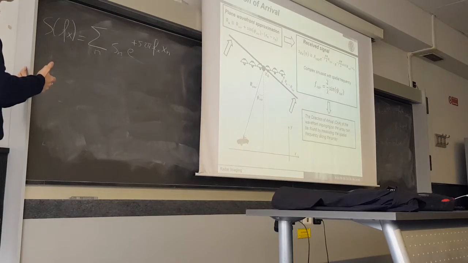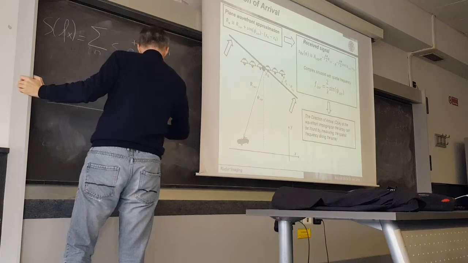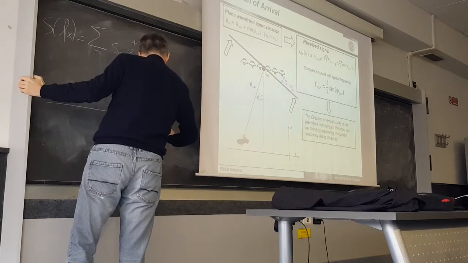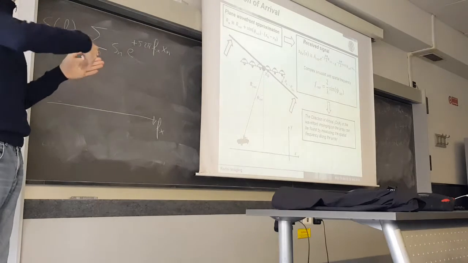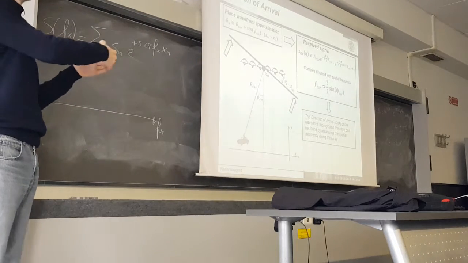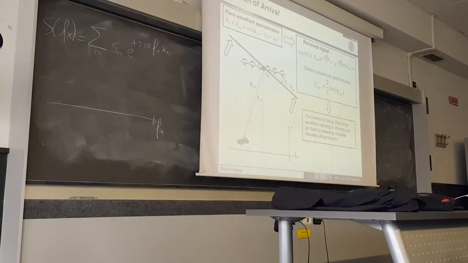What do you end up with? This is a function of fx. So you are trying all the possible spatial frequencies. The last time we said we try all the possible positions and velocities. This time we say we try all the possible spatial frequencies. So it is exactly the same.